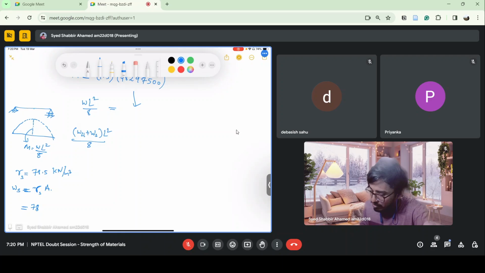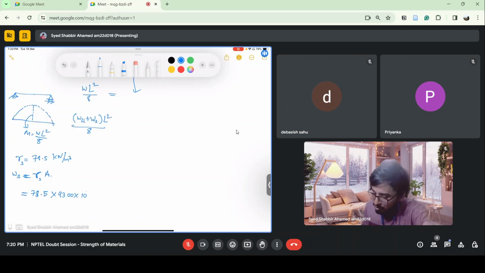78.5 into 9300, and 9300 is in mm square. I want this in meter square, so I have to multiply it with 10 to the power of minus 6.